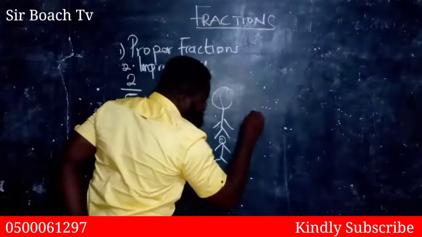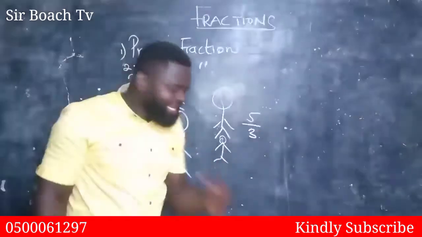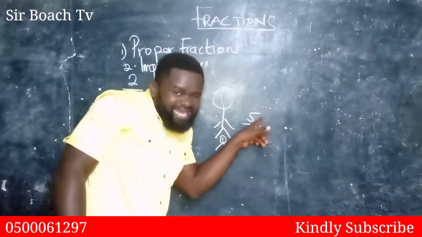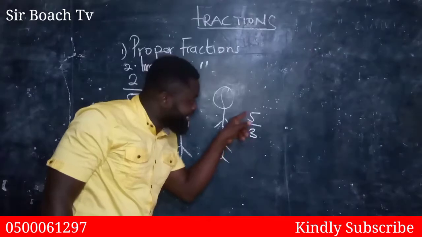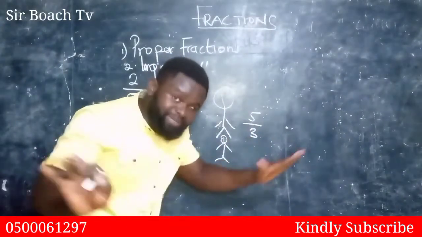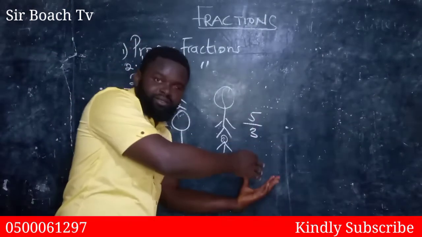Something like 5/3. We can see clearly that the down number, called the denominator, is carrying the bigger number. If this is a human being, a small brother and a big brother, people will complain. So that is improper. It's not accepted. You understand? But in maths, it is called an improper fraction.